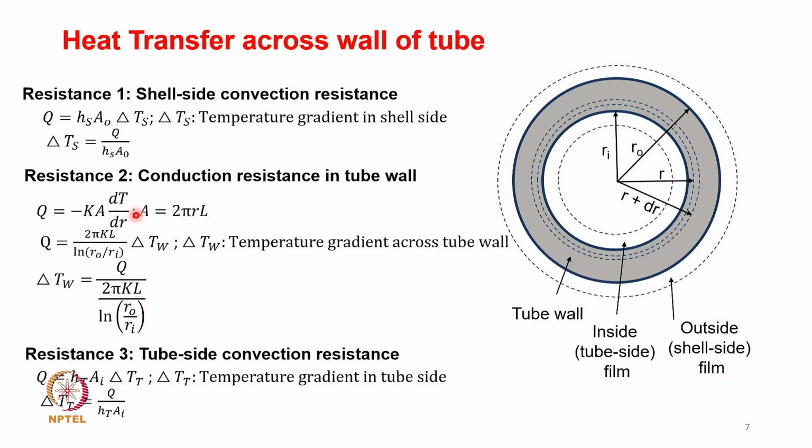Now if you need to integrate to compute the total heat, we could integrate this expression from R naught to Ri, assuming that the temperature gradient across the tube wall is delta Tw.